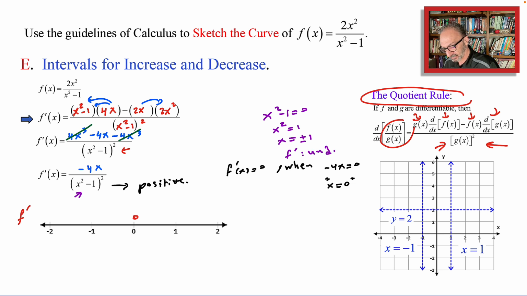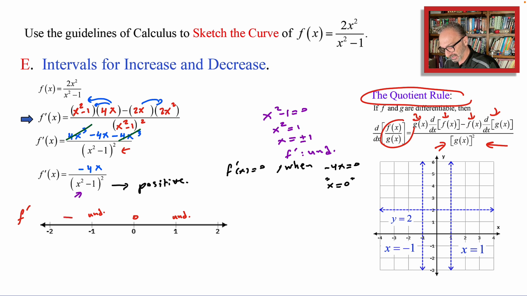So the derivative will be undefined at 1 and at negative 1. Plug in numbers between negative 1 and 0, between 0 and 1, above 1, and below negative 1, and we'll end up with the following.